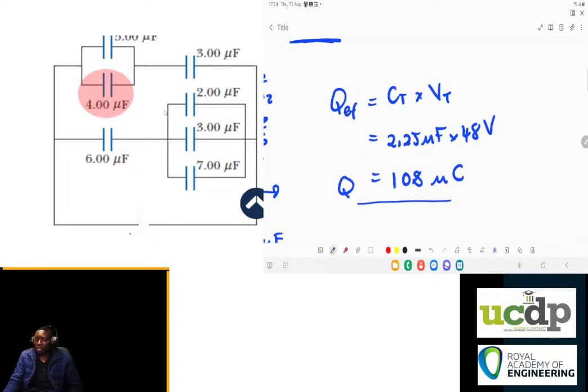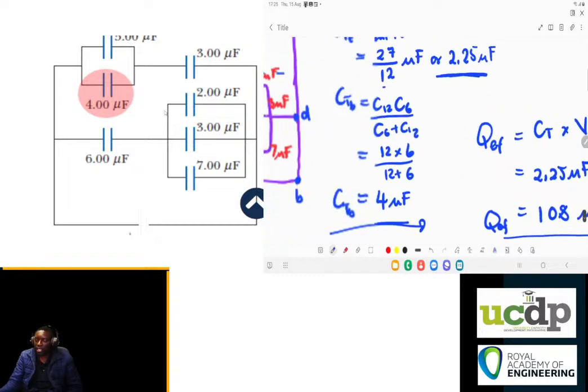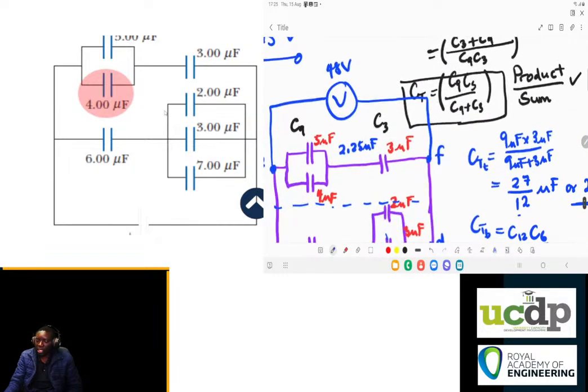Yes. Okay. So this is the charge between E and F. This is the total charge on this line EF, right? We agree? It is the total charge on the line EF. Yes, sir. Then it is also the charge on the 3 microfarad capacitor.